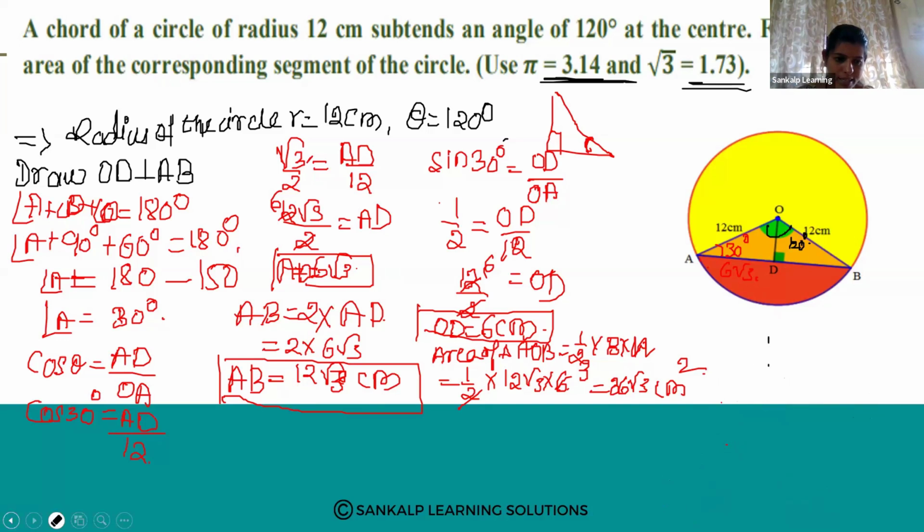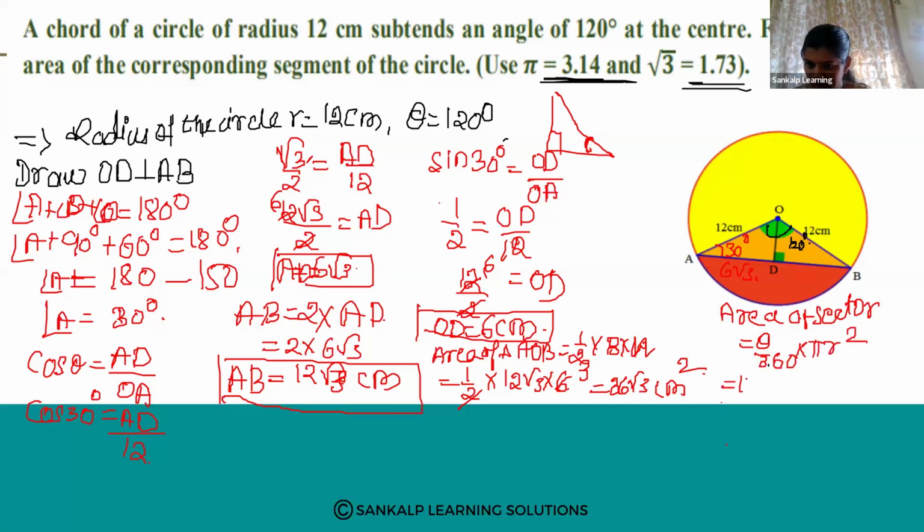Right? So area of the sector of angle theta is theta divided by 360 into pi r square. Right.